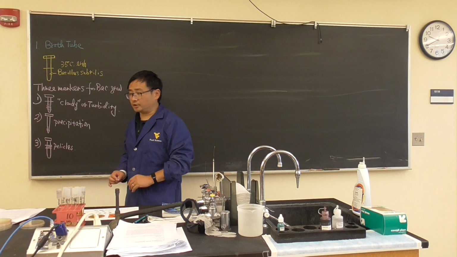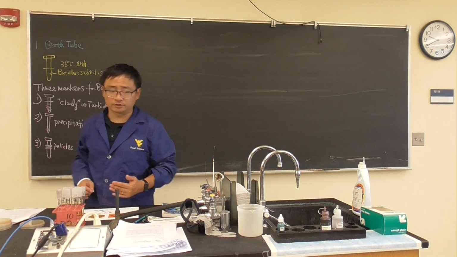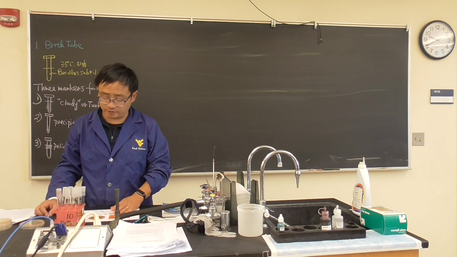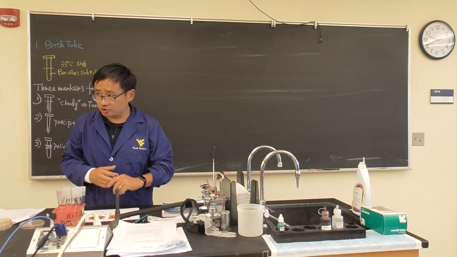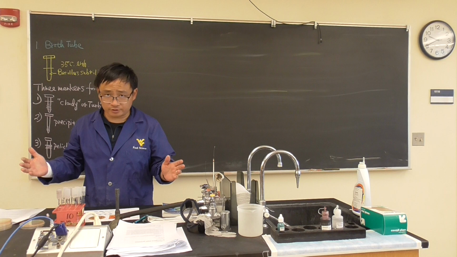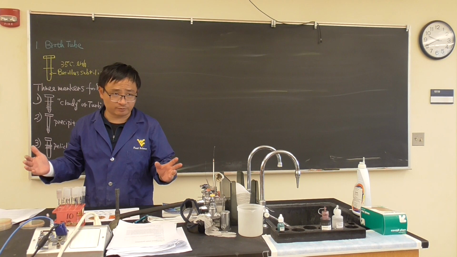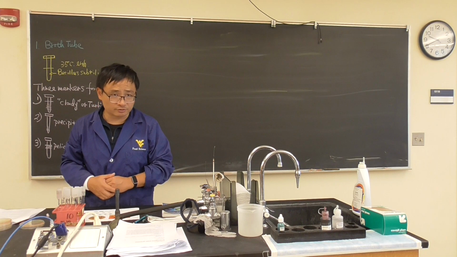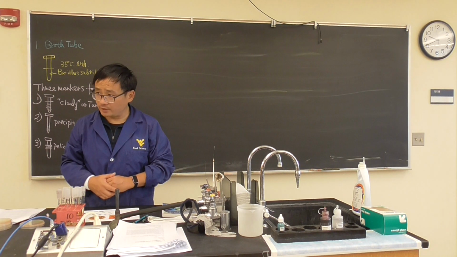This is very important if some of you are nursing students or in the future you're going to work in the hospital. When you change a glucose or saline solution bag for the patients, when you take them out from the refrigerator, if you see the glucose bag already has turbidity or cloudiness or precipitation, that means the bacteria is already growing, which means you cannot use it.